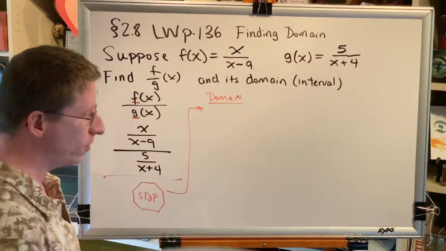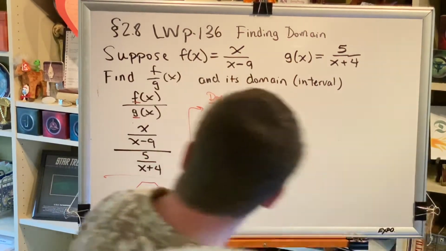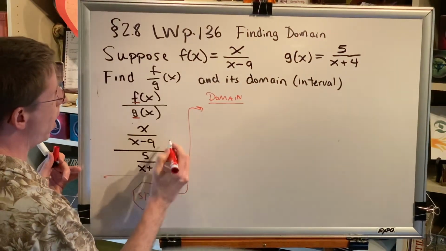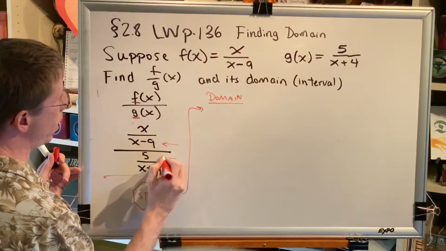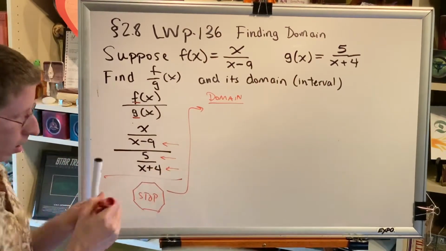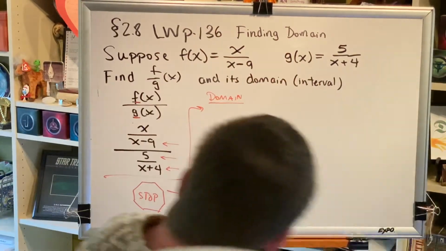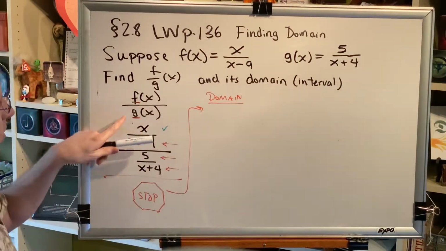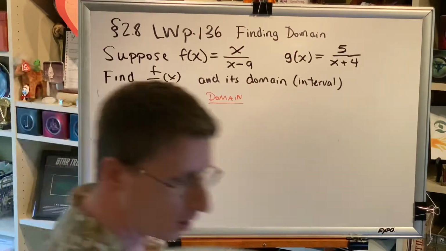Well, in our previous video, we learned that 0 is acceptable up here, but not here, or here, or here. 0 is okay in this position, but not any of the other 3.